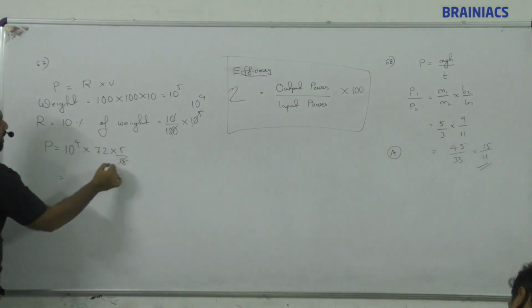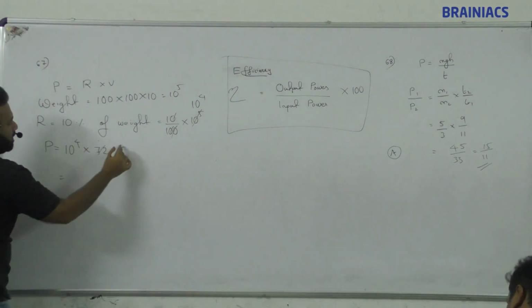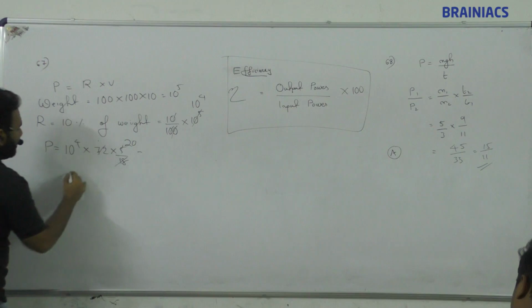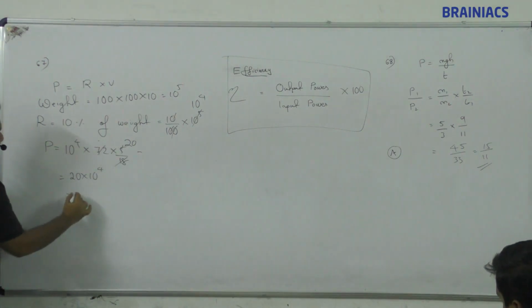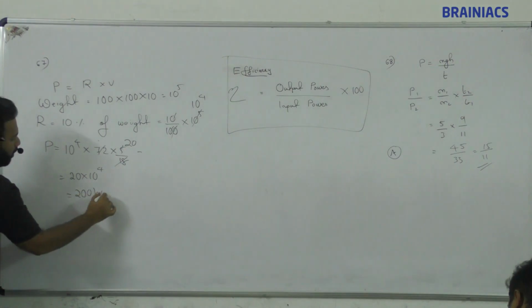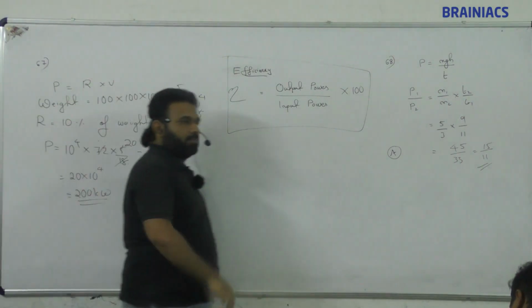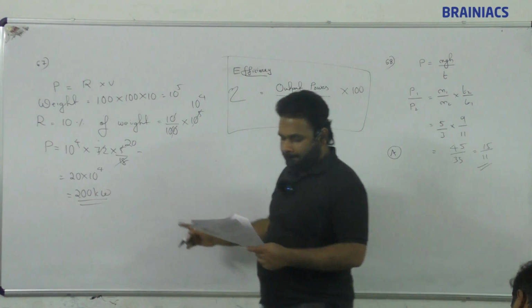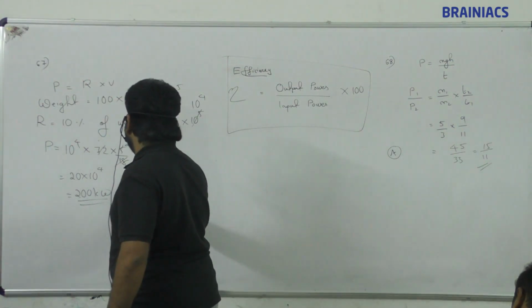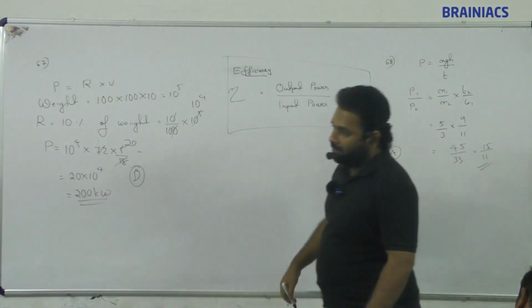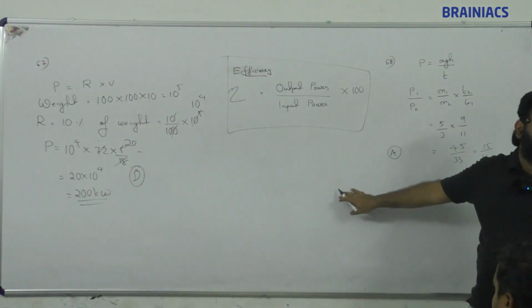So this is going to be 20. So 20 into 10 raised to 4, we will be getting 200 kilowatt. Then this is correct. Okay, fine. Which option? D option. Okay, Dharini and Preeta, thank you so much. Okay, clear? Understood or what?